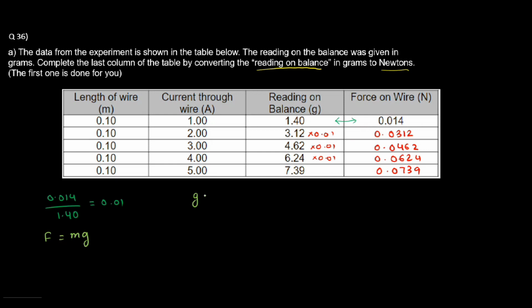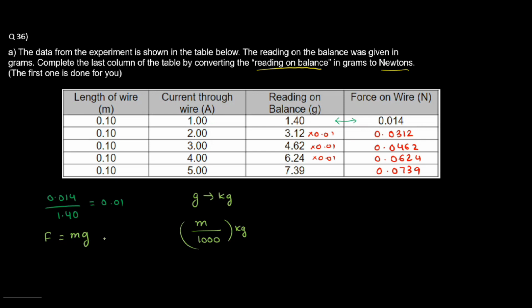To convert values from gram to kilogram, you have to divide your quantity by 1000. So I will divide these values of mass by 1000 to get the answer in kilogram. Once you get that, I will multiply my mass with g to find force.